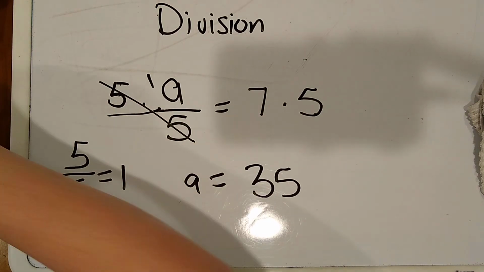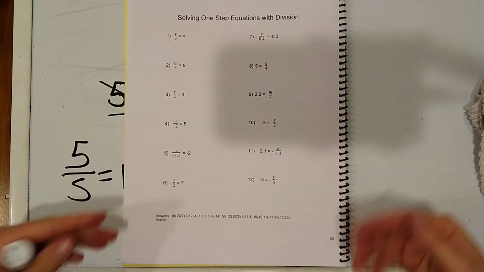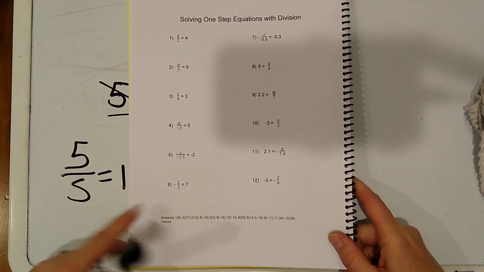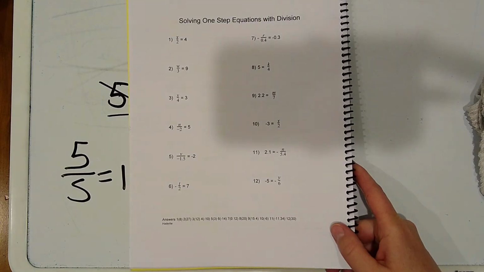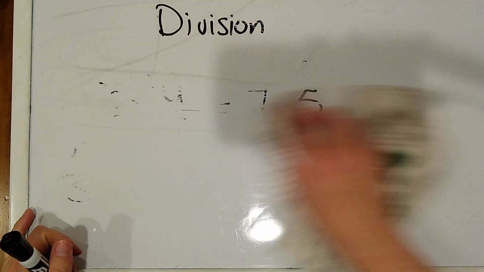So that gets you ready for page number 62. And I did some stuff on here to make it hard for you. Right here, number 6 and number 7, and then one more time in here, I've done something kind of sneaky and hard.